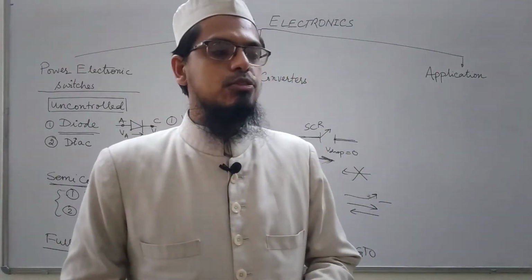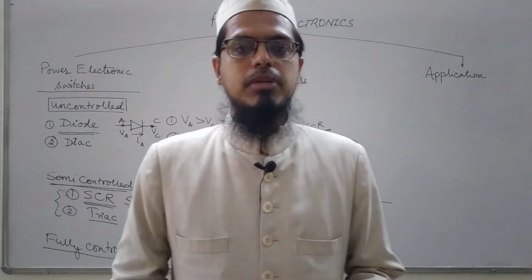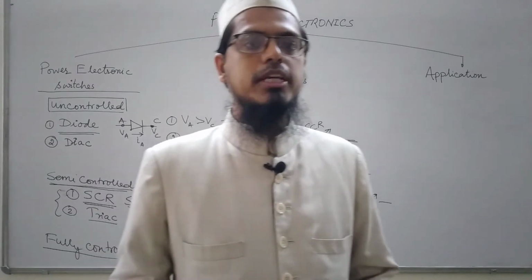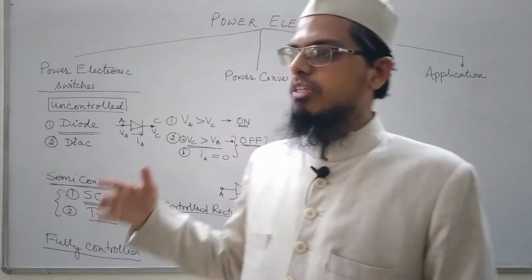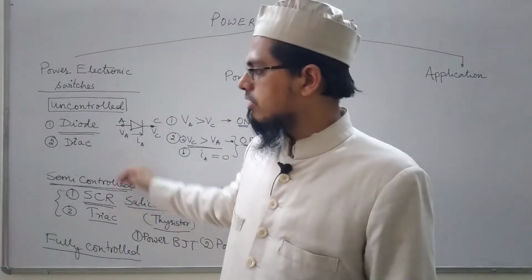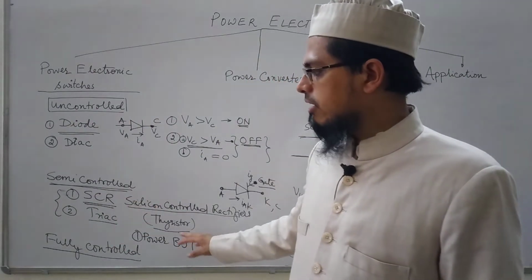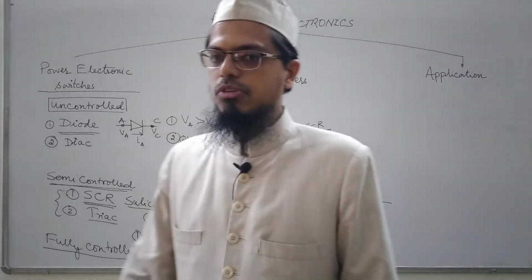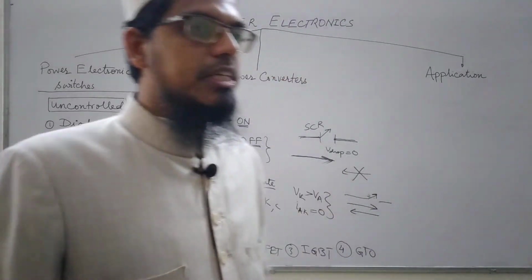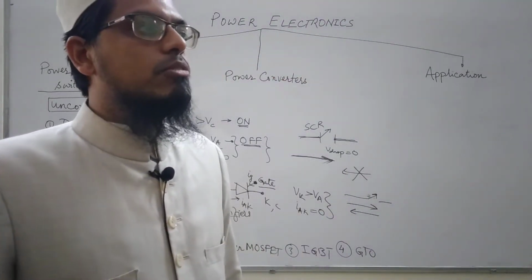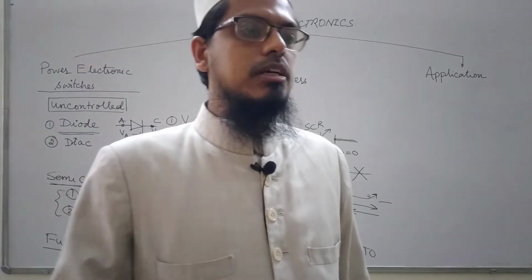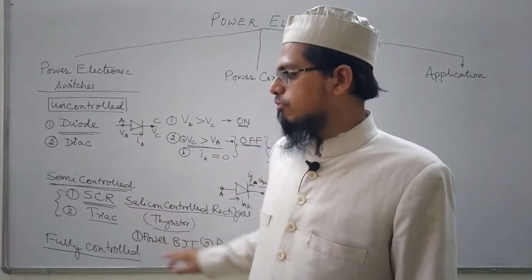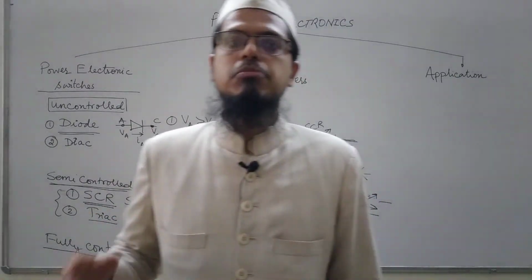You have to suitably provide the firing pulses in the form of current or voltage, because some of these devices are current controlled, like your SCRs, while some of them are voltage controlled, like your power MOSFET or your IGBT. BJT is a current controlled device. There are some differences between the various devices, but the basic feature is that they are fully controlled. Turning on and off is possible.